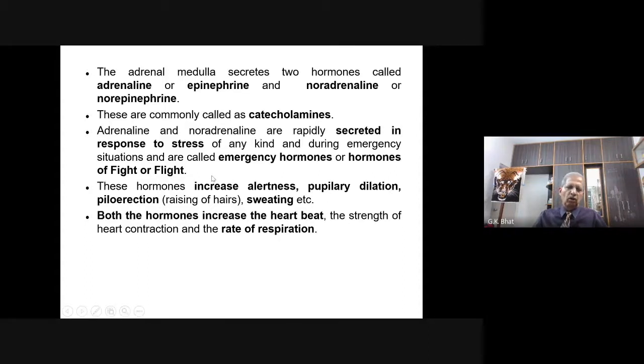Now, I hope you might have experienced the secretion of the hormone through some experiences you might have had. Let us think of an imaginary situation, and I hope you can understand better.